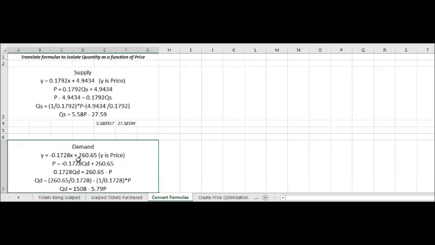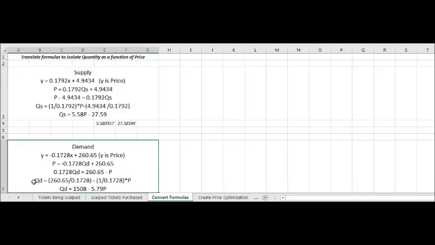We do a similar thing here with demand. Convert y to p, x to quantity demanded, and then do the math of conversion, subtracting, or in this case, notice this is a negative, so we can actually move this whole piece over and bring p over into the negative here, and it's a lot smoother perhaps than some of the others.